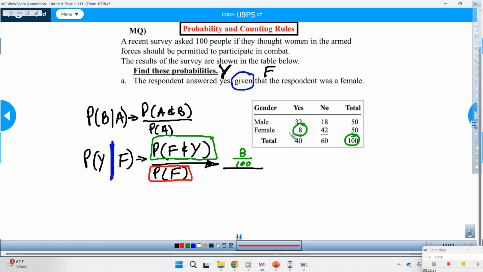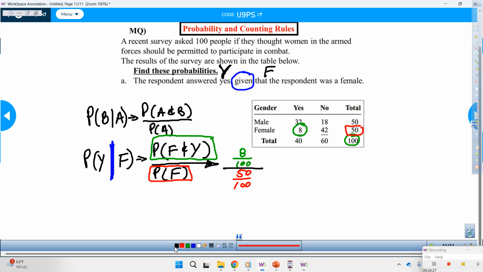Okay, so female only. Well, let's go with 8. But 8 is for female and yes. So here's yes, here's female, and we wrote that over 100. What is it? That is correct, 50 over 100. Yes, completely yes is over here, over 100.